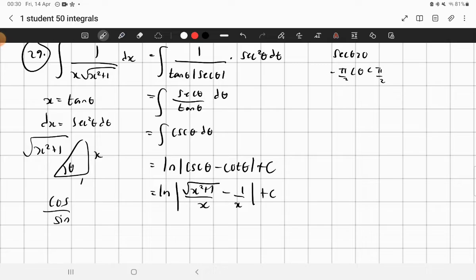Why is it square root of x plus 1? Oh, did I make any mistakes, honestly, at this point? ln cosecant theta minus cotangent theta. I mean, I'm correct.